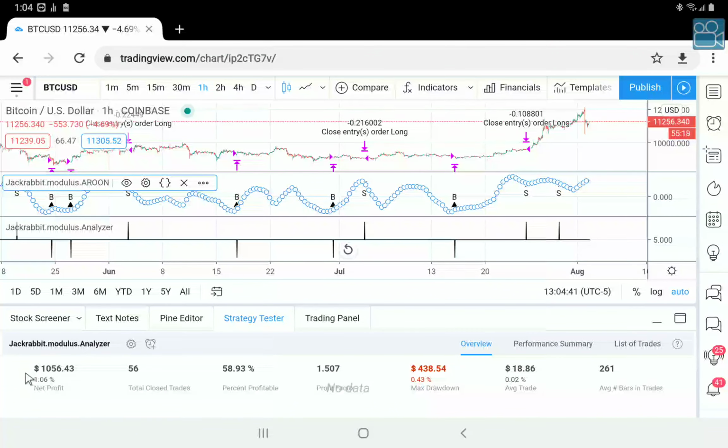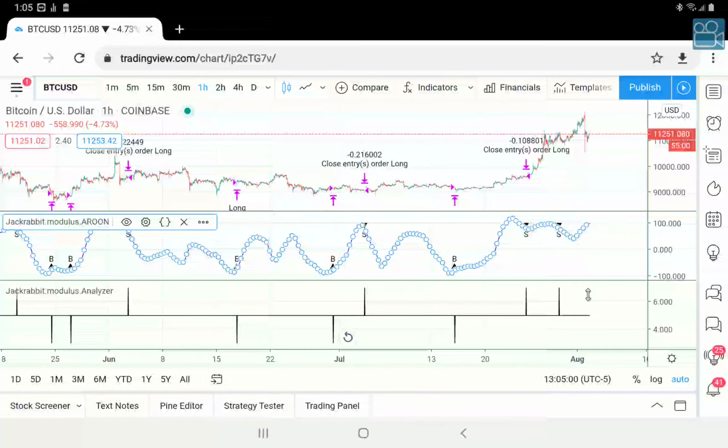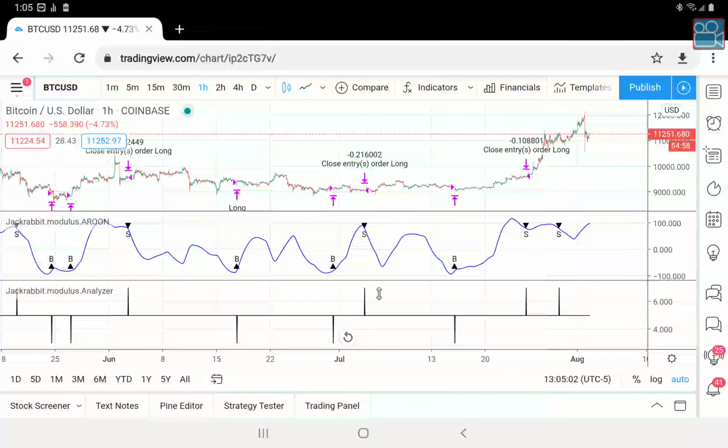But it does work well, it does a good job, and it does sufficiently find the highs and the lows of the markets once properly tuned. So be sure to check it out and use it and really take a good look at it.